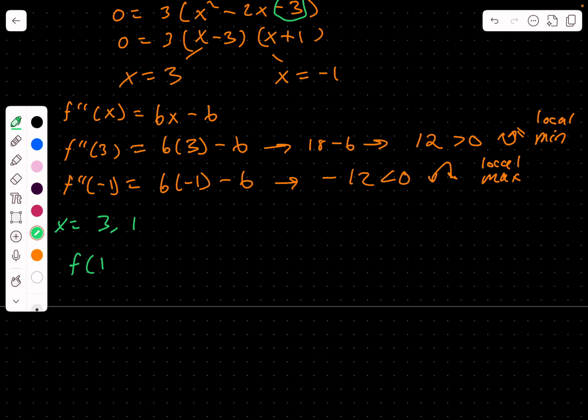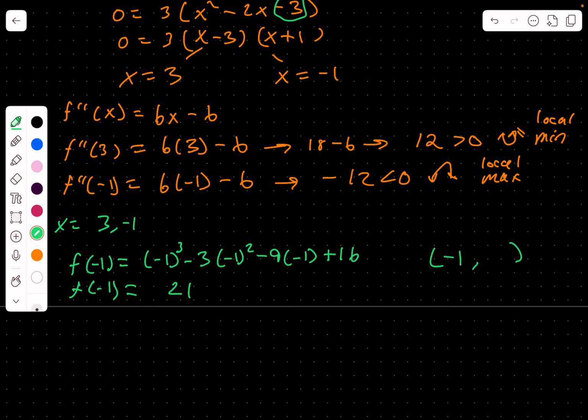Let's do -1 first. f of -1 equals -1 to the third power minus 3 times -1 to the second power minus 9 times -1 plus 16. This spits out a lovely 21. Therefore, our ordered pair is going to be -1, comma 21. And again, remember, this is our max.